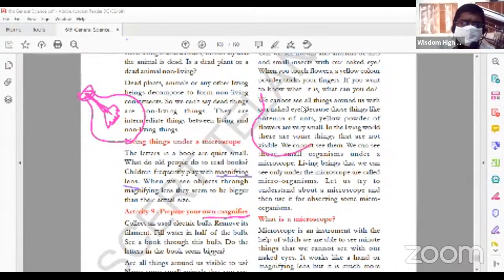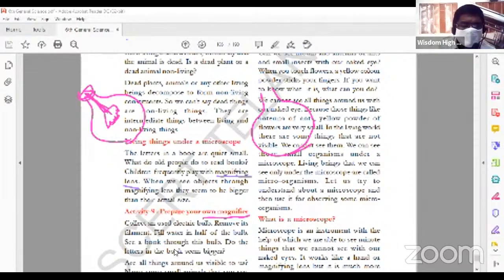Then we can see only the transparent spherical glass. Collect a used electric bulb, remove its filament, fill water in half of the bulb, and see a book through this bulb. Do the letters in the book seem bigger?